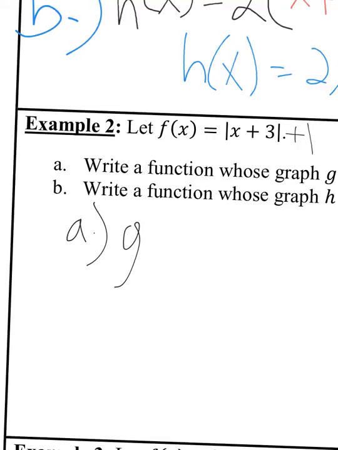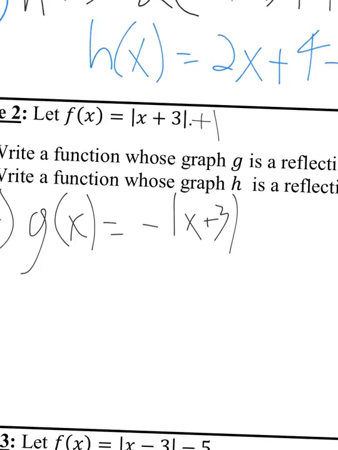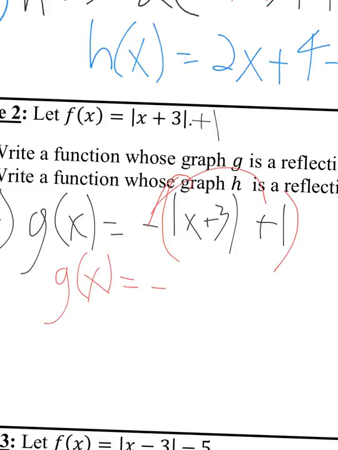So you can write g of x equals, and you have negative absolute value of x plus 3 plus 1. And it's on the outside of the whole function. So really what's happening is you have to distribute that negative to this and to that. So your g of x is officially negative absolute value of x plus 3 minus 1.